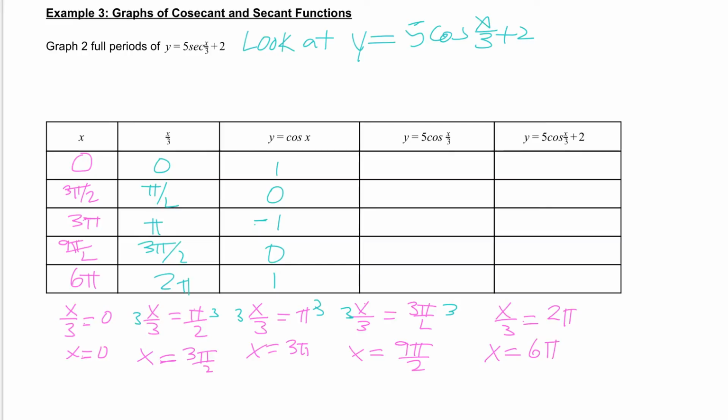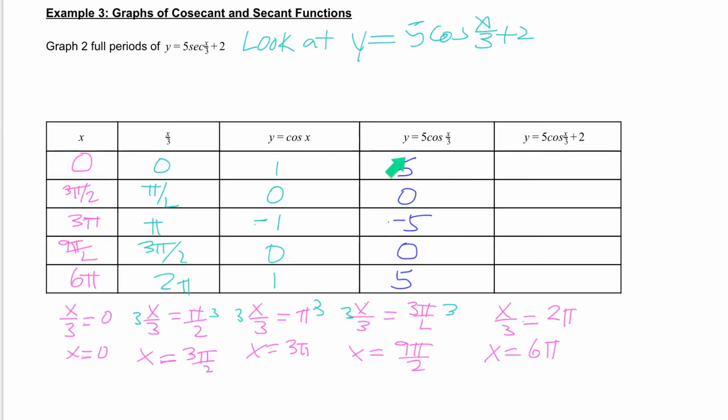Then we need to account for our amplitude, that number that's going to vertically stretch it, which is 5. So we are going to multiply all these values by 5. So 5 times 1 is 5, 5 times 0 is 0, 5 times -1 is -5, 5 times 0 is 0, and 5 times 1 is 5. And then our last thing to do is take care of this plus 2, which is going to add 2 to our y coordinate.